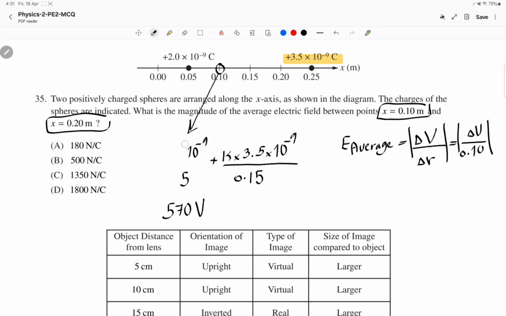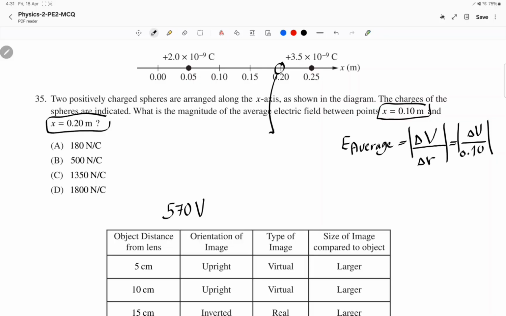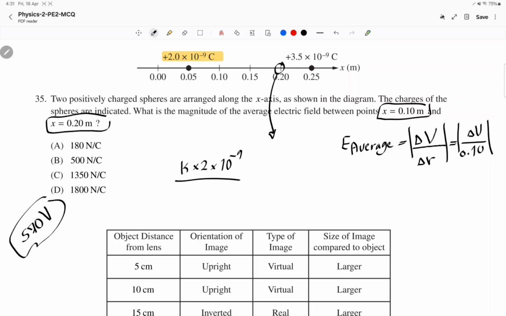Now, we'll do the work again, but now for the other point, which is the 0.20. Let me just write the 570 volts somewhere else. Now at the 0.20, how far is the charge highlighted in yellow from that? 0.15. Yes.